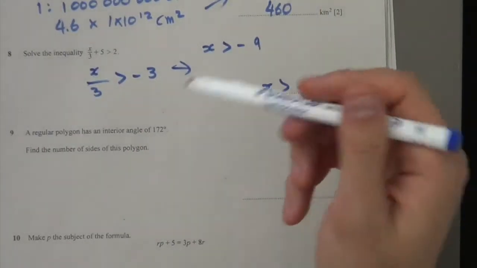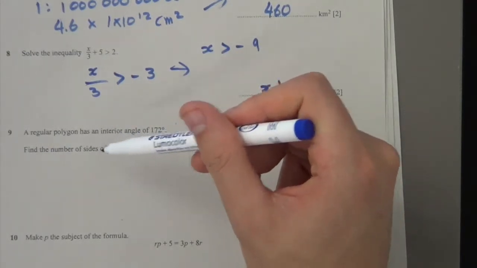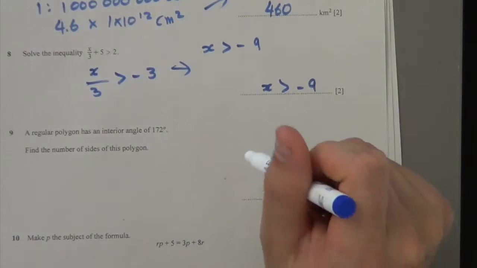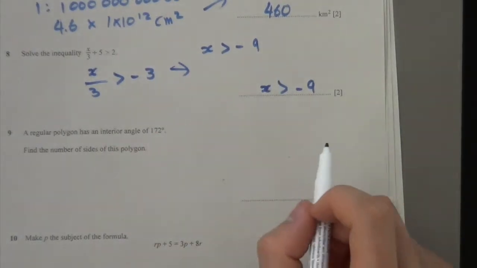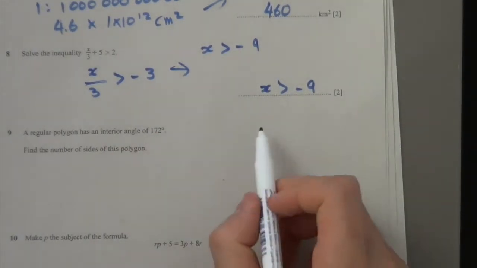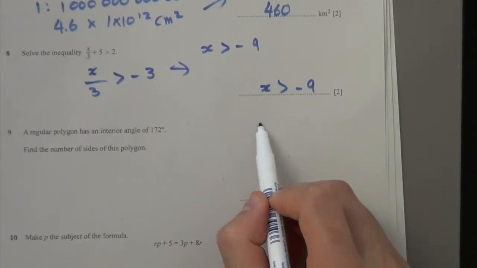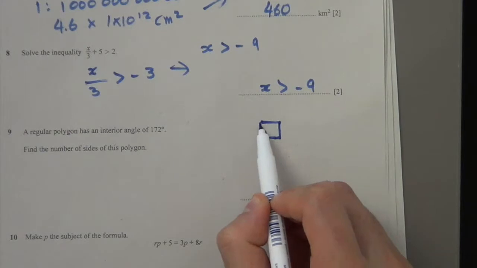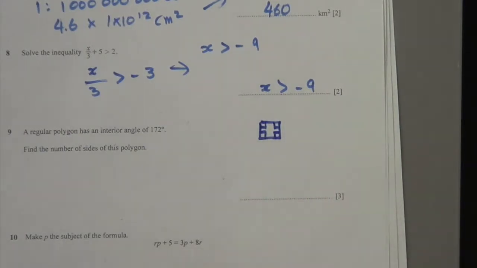Okay, next question. A regular polygon has an interior angle of 172 degrees. Find the number of sides of this polygon. Now just a little lesson here: if I have a square, I know in a square all the interior angles are 90 degrees individually.